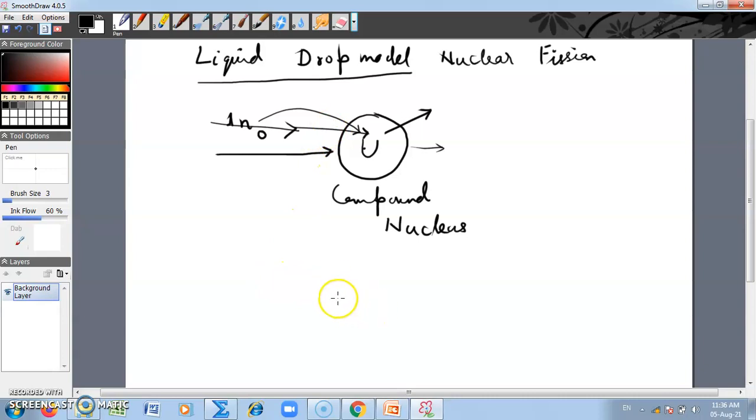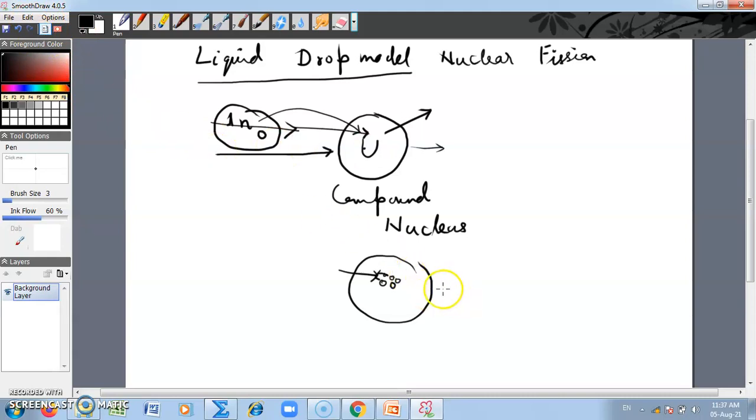As you know, the binding energy is due to the nuclear force, and nuclear force is very strong. We know that binding energy is the force between the neutrons and protons inside the nucleus. So when another one comes in, there is a tendency to attract this neutron which has come as a result of the hitting, and so there is an increase in energy, as a result of which it goes into violent vibrations.